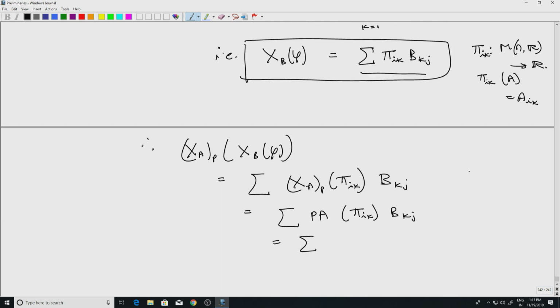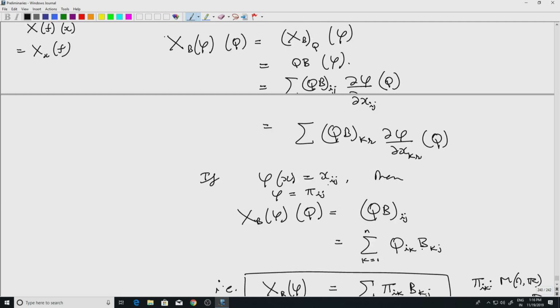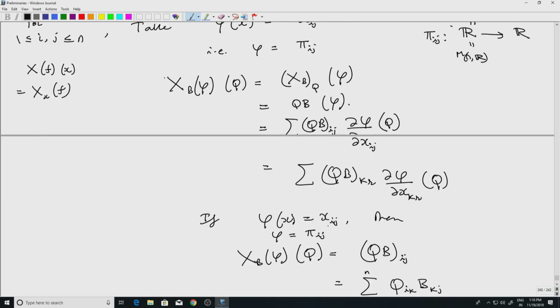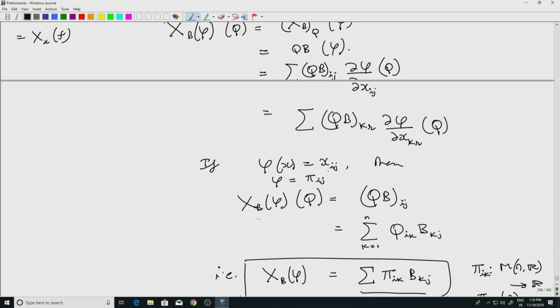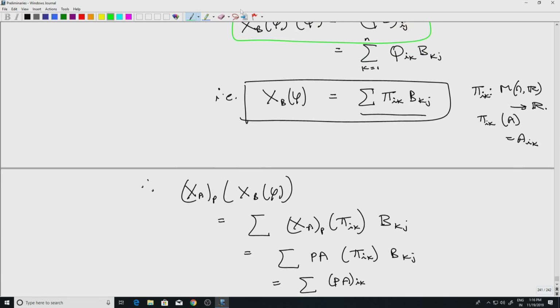So what I'll get is P_a at ik, because this is the part I'm using, the similar thing here, and so I'll get P_a at ik.